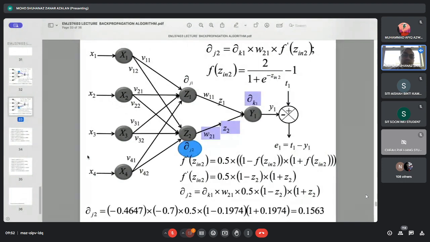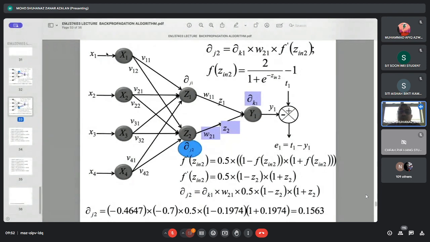So if the question says 2 approaches, that means you need to make it 2 times. First, calculate this, update the weightage, 1 approach. Again, calculate this, calculate back the delta value, update the weightage, and then finish the second approach.